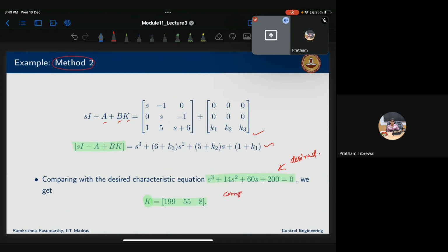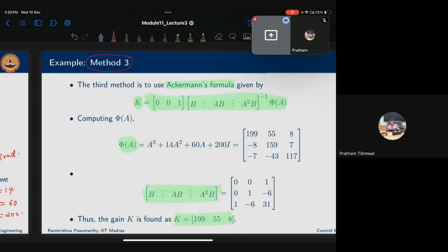Comparing what? 6 plus K3 equal to 14, 5 plus K2 equal to 60, 1 plus K1 equal to 200. Solving those, you'll get 199, 55, 8. This is method 2. Is this clear?